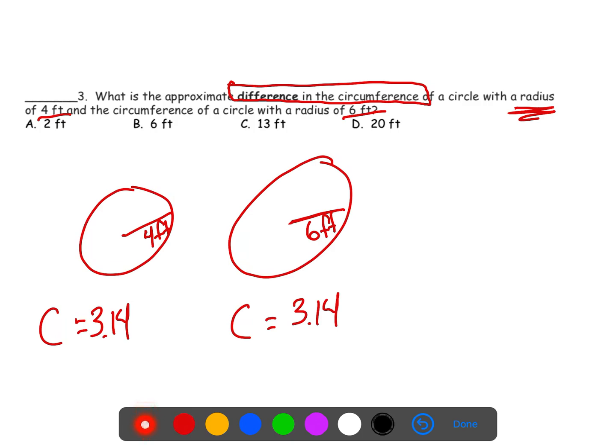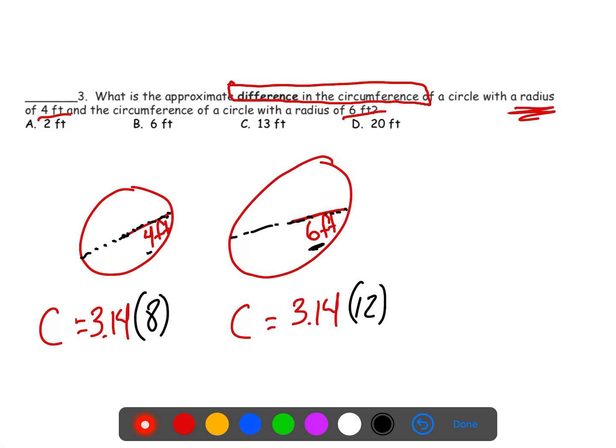So if I were to extend this smaller circle from not just the radius, but all the way across the circle, it's going to double the radius here, which would give me a diameter of 8 feet. If I do the same to the larger circle and double my radius of 6 feet, I have a diameter of 12 feet.